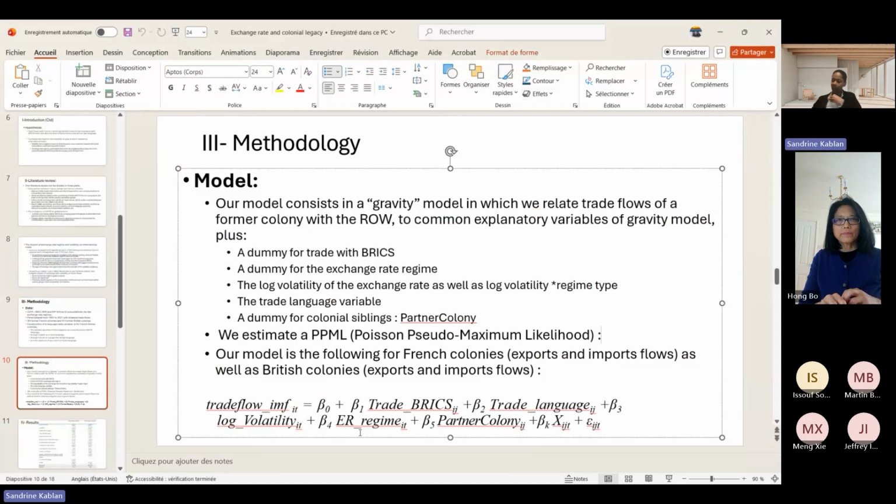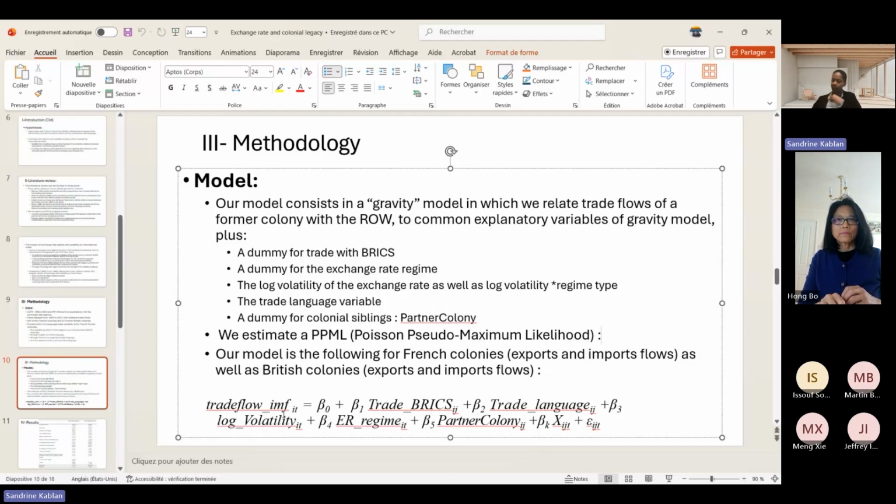The dependent variable is the export of the concerned country, the former colony i at year t. So it's exports of the former colony i at year t to the rest of the world.